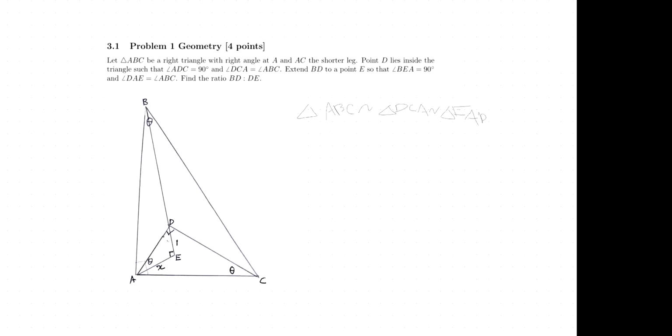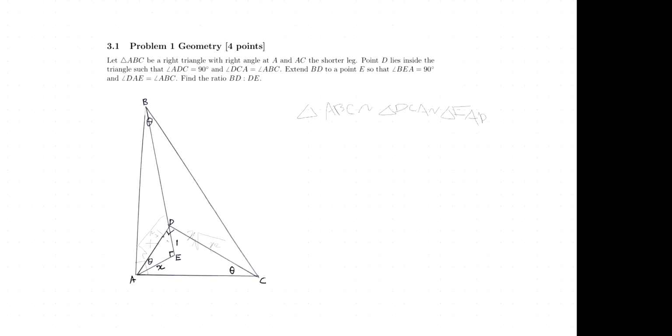So now we can use the Pythagorean theorem to label some more of the side lengths based on what we've written so far. From Pythagorean, AD is root x squared plus 1. And then by similar triangles, because the ratio of the short to long leg is 1 to x, we know that DC is x root x squared plus 1.